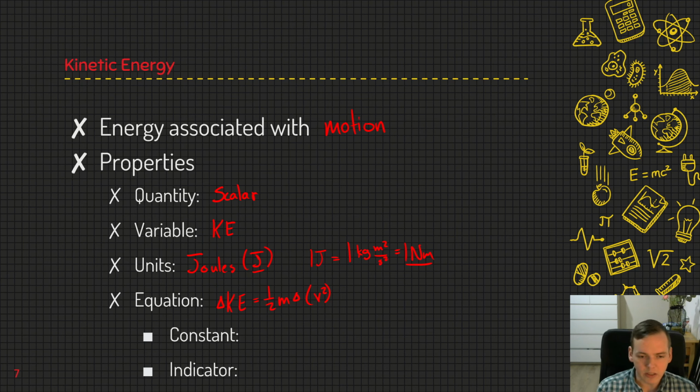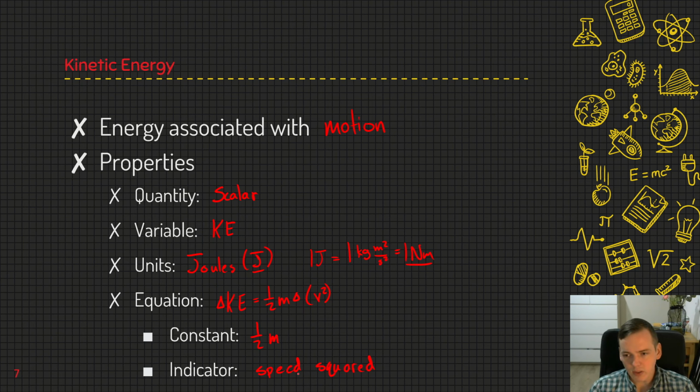So that's why you see the change in kinetic energy is equal to 1/2 m times the change in the velocity squared. Now, connecting this back to the energy interaction model, in this case, the constant is 1/2 the mass. And the indicator is speed squared. So if you get the speed of an object and you square it, and that value changes, then the kinetic energy changes.